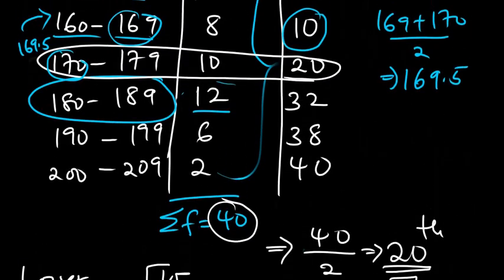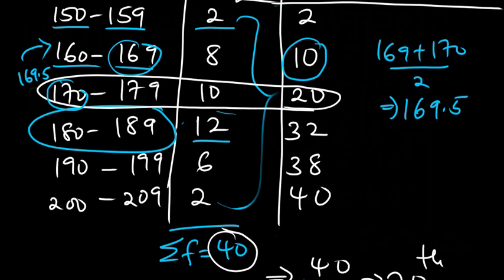How do we get the class width? We get it by getting the difference between the upper limit and the lower limit. We have the lower limit, which is 169.5. For the upper limit, we add 179 to 180 and divide it by 2, and it's going to be 179.5.